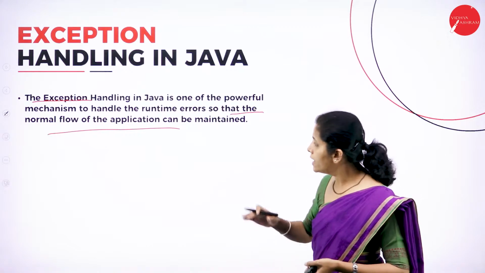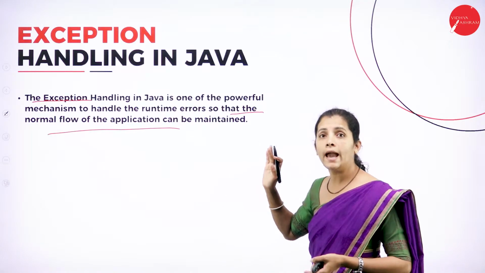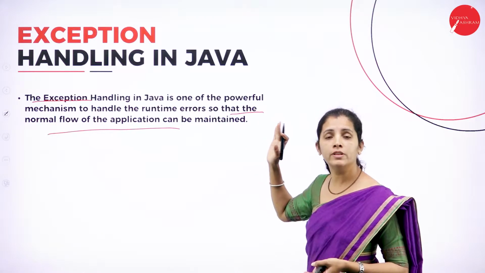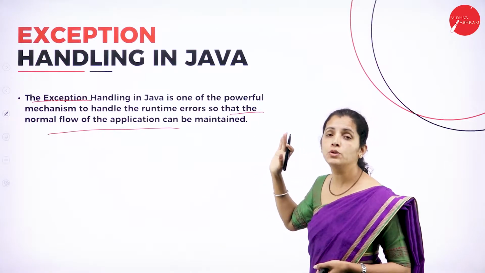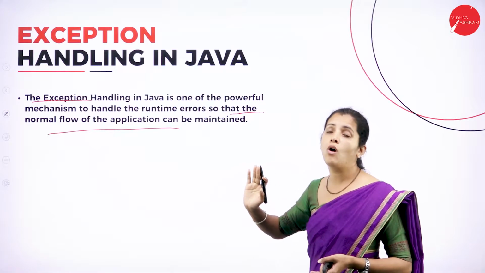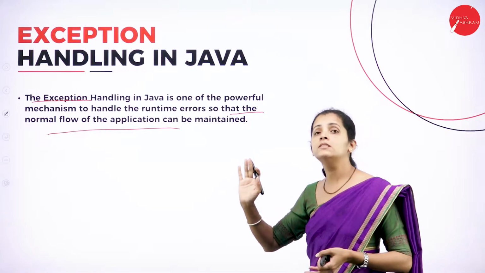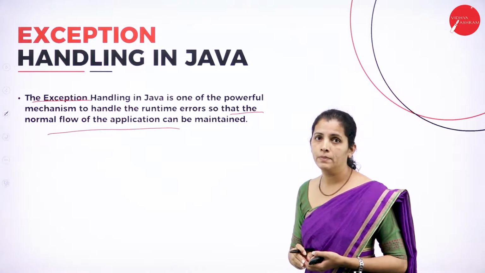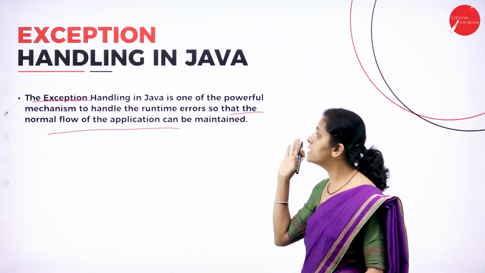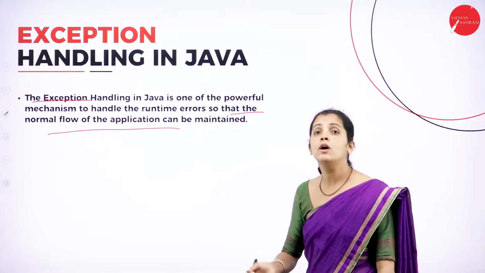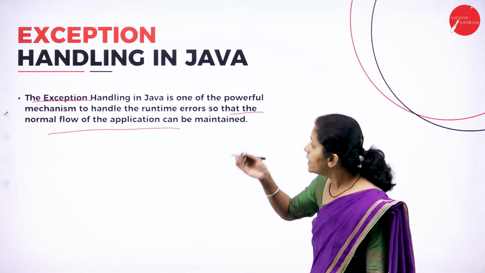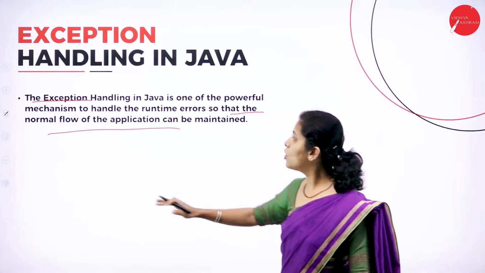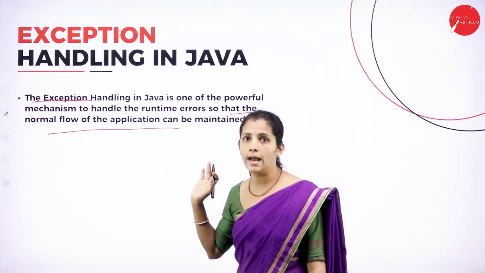That means if there is any error that occurred during the execution of the program, then it's going to change the flow of the program. That is, it's going to change the execution flow of the program. By using exception handling, we can maintain the execution flow of the program. That means the normal flow of the program.